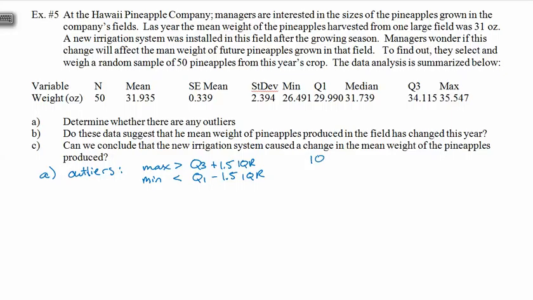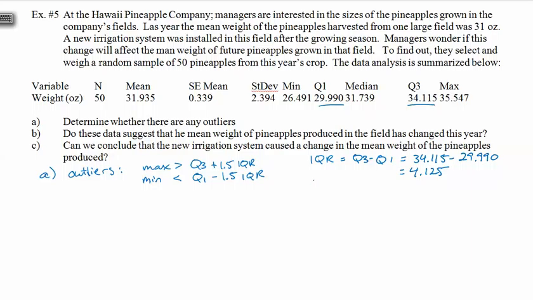And so we need to calculate the IQR, which is Q3 minus Q1, which equals 34.115 minus 29.990, or 4.125.